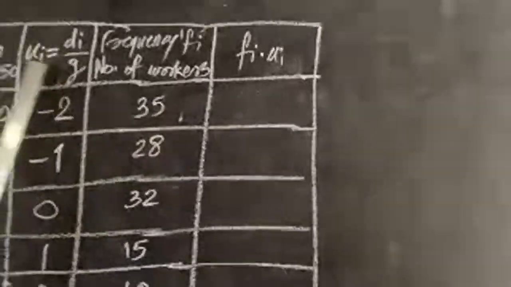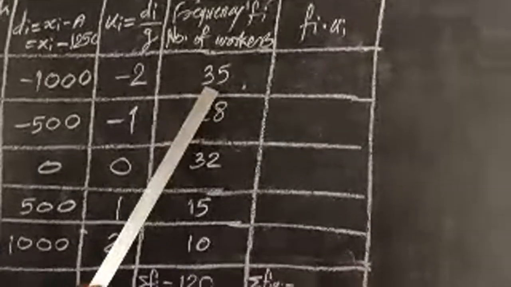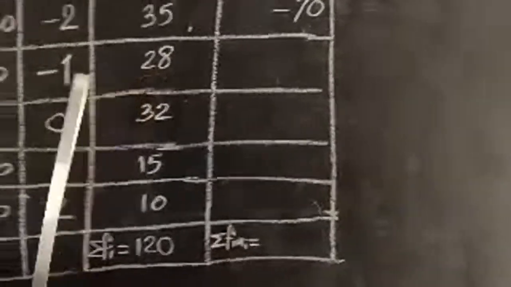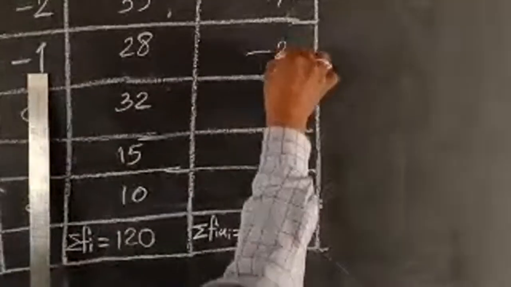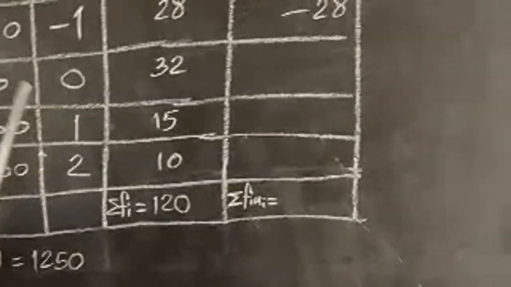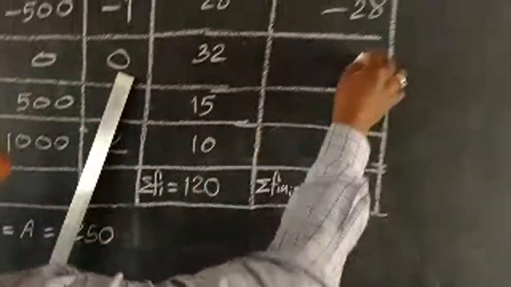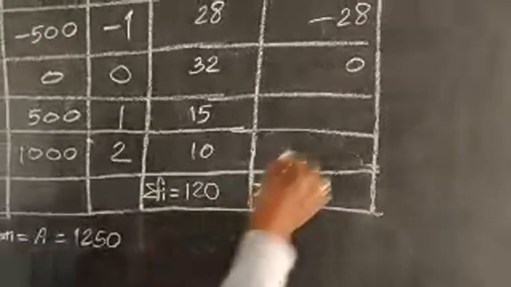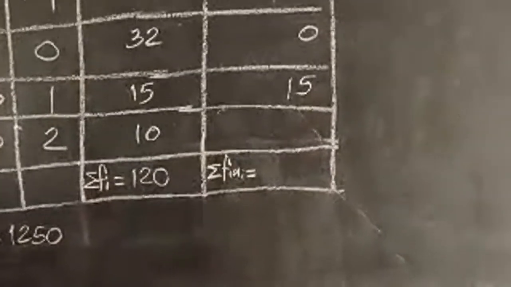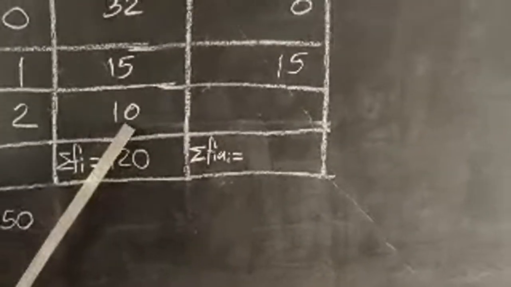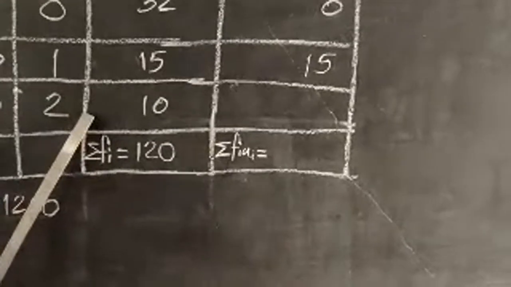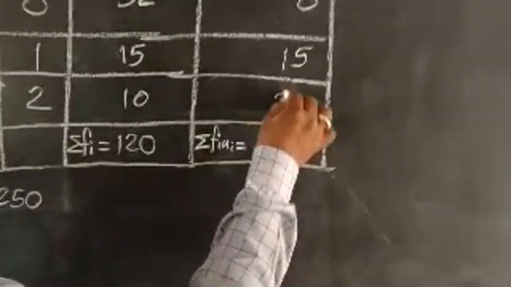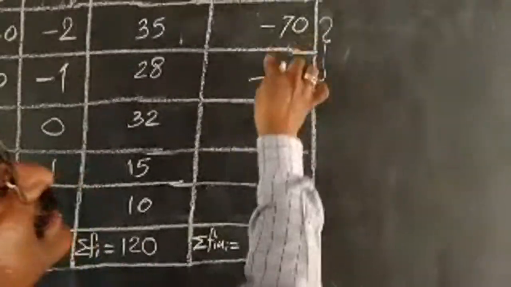Fi is 35, Ui is minus 2, multiplication is minus 70. 28 into minus 1 is minus 28. 32 into 0 is 0. 15 into 1 is 15. 10 into 2, multiplication is 20.